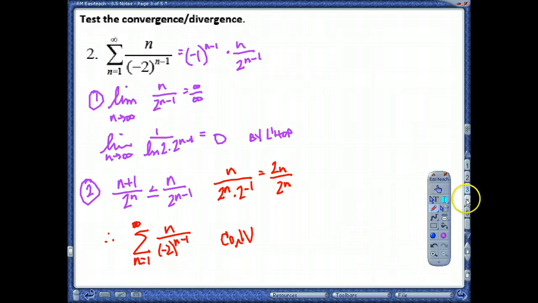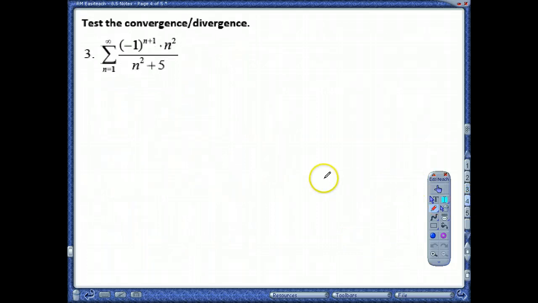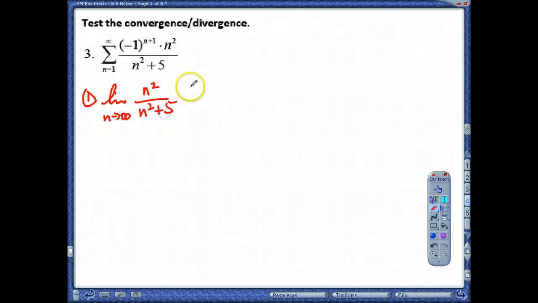Okay, we had to do a little bit more work there. Let's see number 3. All right, so number 1, I'm going to be looking at the limit as n approaches infinity of n squared over n squared plus 5. Okay, well, that's going to equal 1. That does not equal 0.